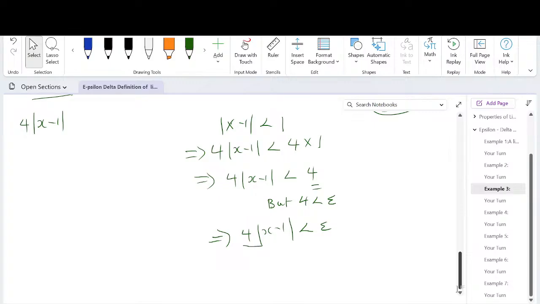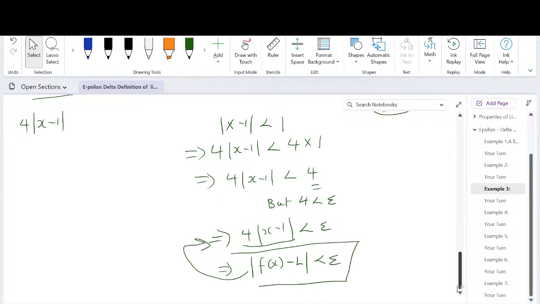And we already know that this is the same as our absolute value of f of x minus L, because we simplified this to this at the beginning. So it's less than epsilon. So this is what I have to do. So here is my one.